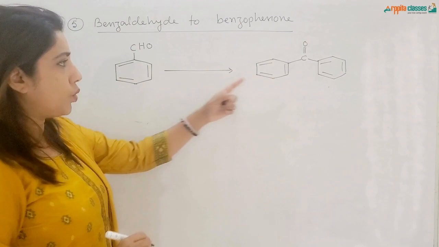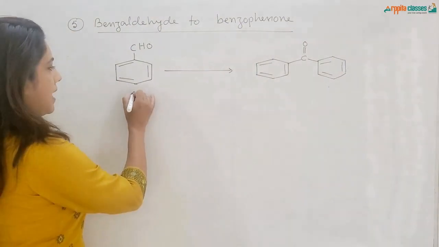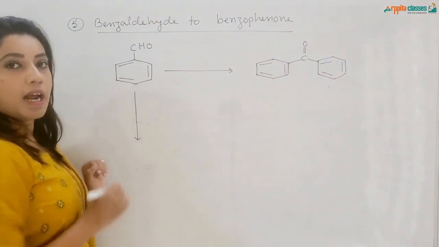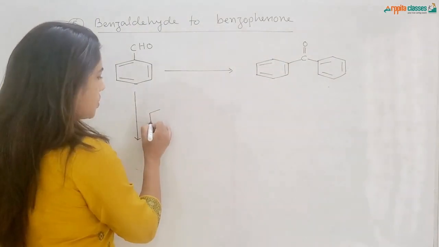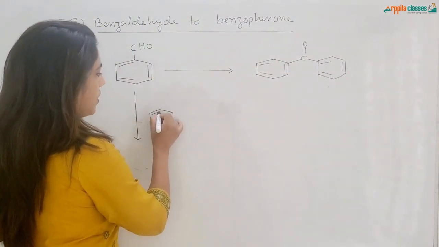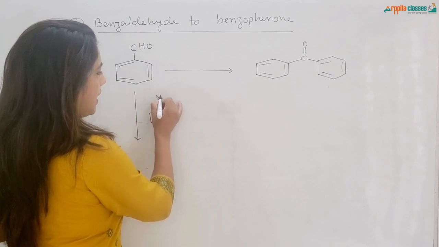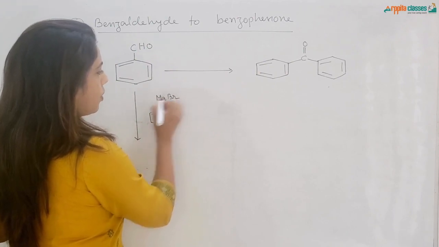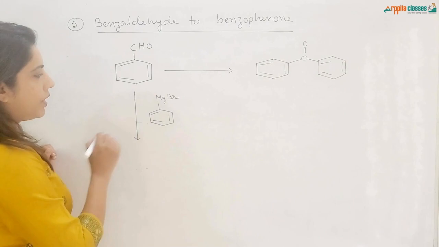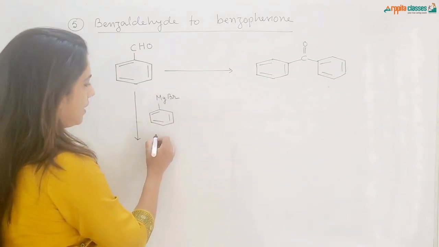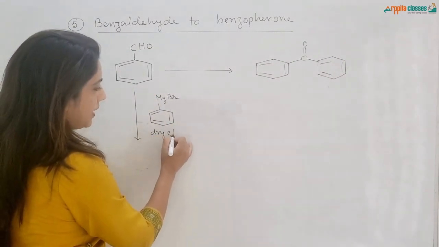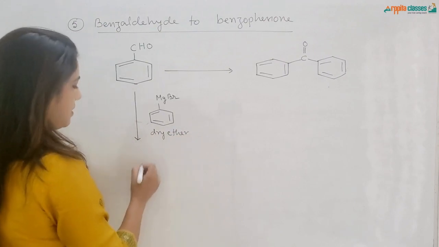So since there are 2 benzene rings, I understand that I need to treat this with a Grignard reagent having a phenyl ring. So I will be treating this with phenyl magnesium bromide. Okay. So if you treat this with phenyl magnesium bromide in presence of dry ether, what will happen?